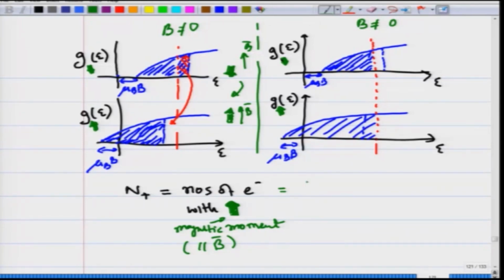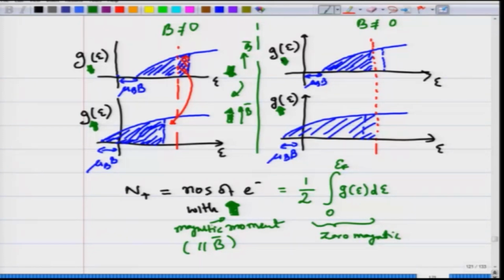This will be equal to half, integral zero to EF, G of E dE, which is the number of electrons with magnetic moment up in zero magnetic field.